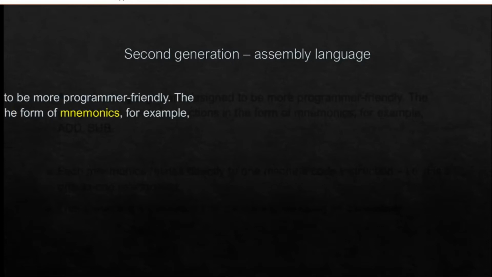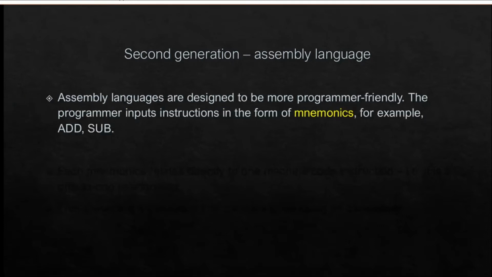In assembly language code, we use mnemonics, and again, you've seen this before when we spoke about assembly language programming. A mnemonic is simply a text representation of a machine code command. Some of them can be fairly obvious, like the two we've got there, add and subtract, but some of them can be very cryptic, like BRZ, JNE, ADC, and so on.